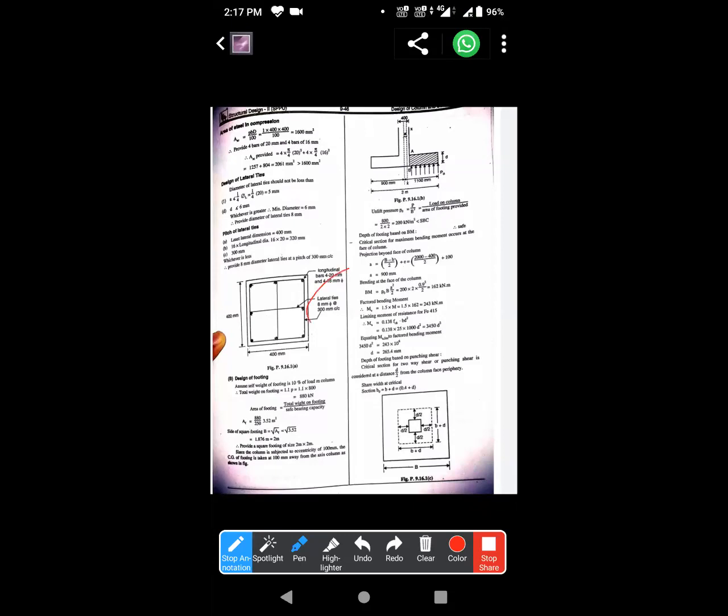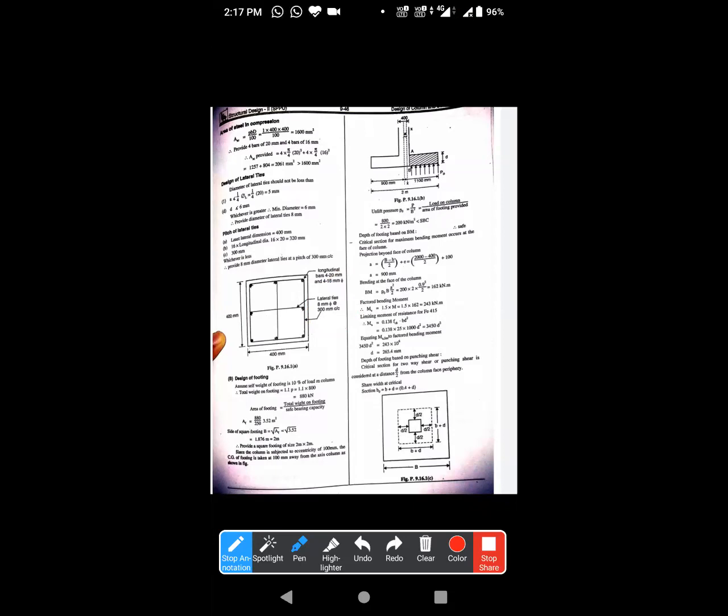You can see in the diagram here the lateral ties of 8 mm phi at 300 mm center to center, and here are the longitudinal bars provided, 4 bars of 20 mm and 4 bars of 16 mm.